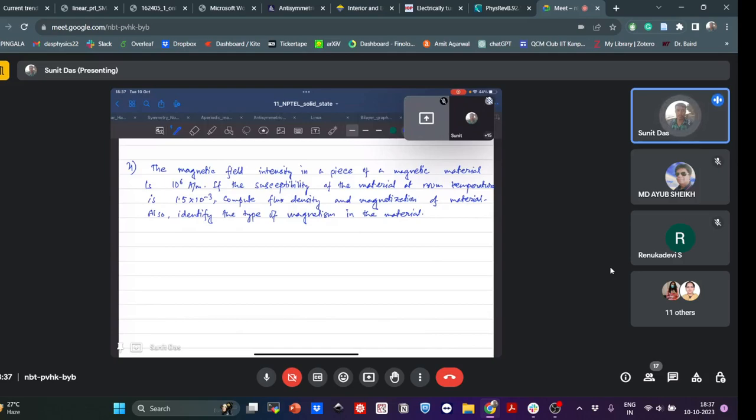At the end, we also identify the type of magnetism that it shows. So let's try to find out, and then I will solve.